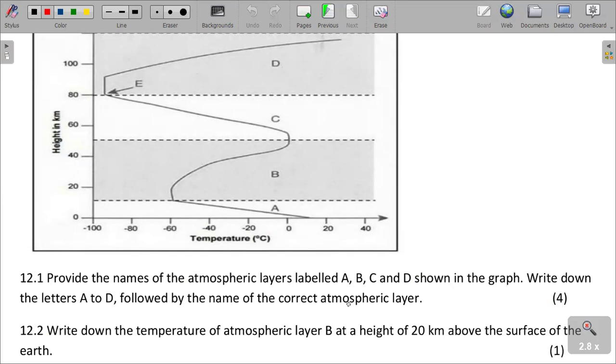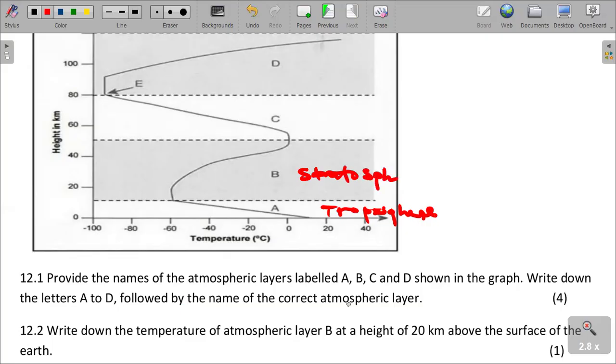When we look at A, it is the troposphere. A is the troposphere. And then if we look at B, the next layer is the stratosphere.